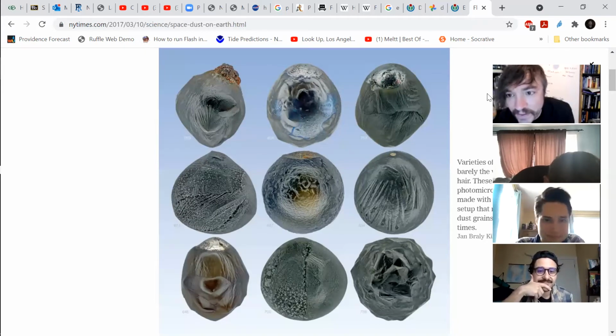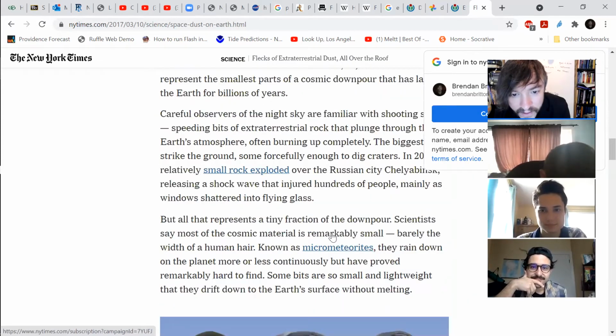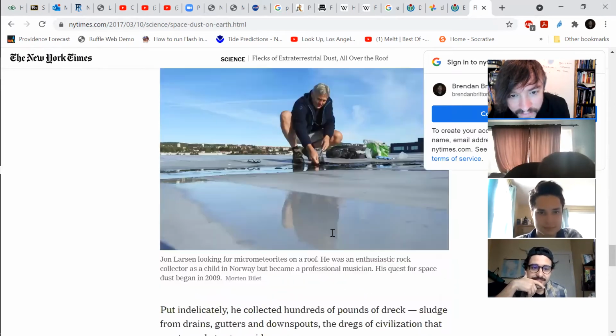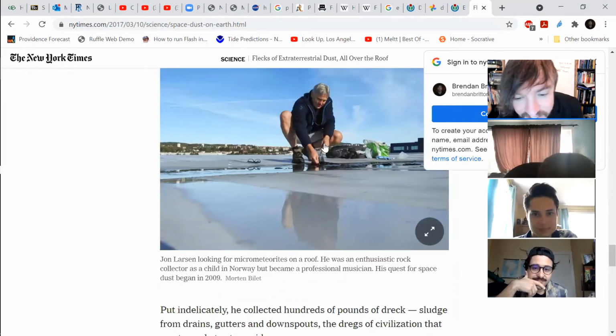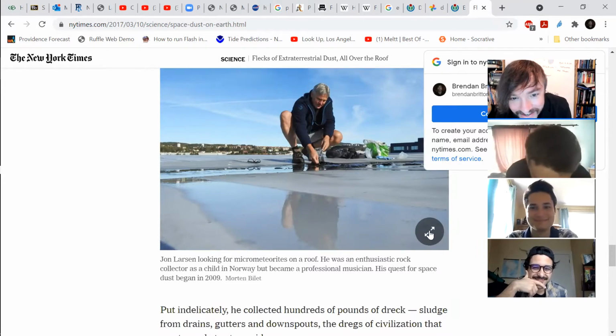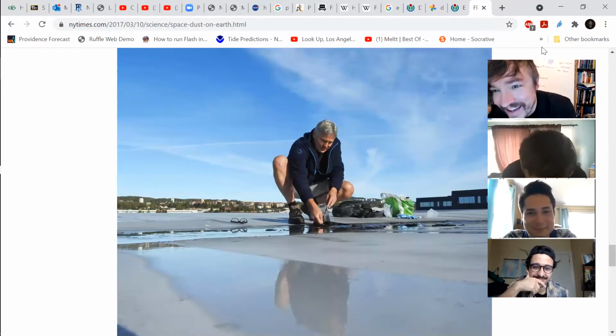And let's see if we have other pictures here that I can show you. So here's some more. This would make a nice present. There he is. And he's a jazz musician, and he was a rock enthusiast. And there he is on a rooftop, just scraping scum into a sample bag so he can look for extraterrestrial dust. What a cool guy! How great it is to be a weirdo.